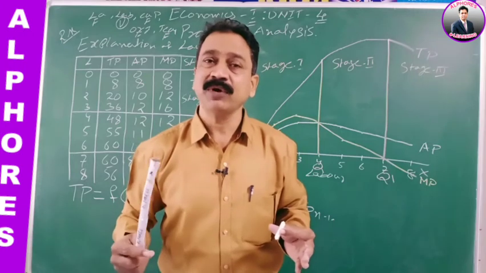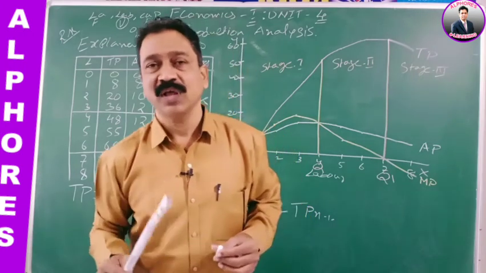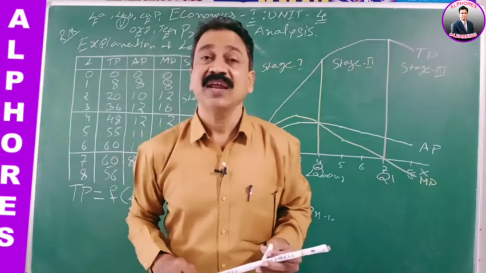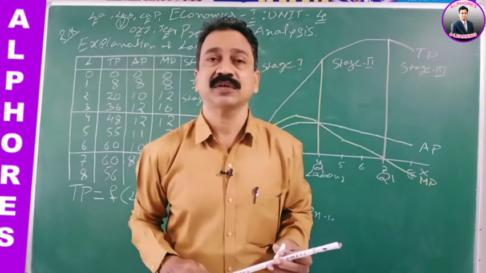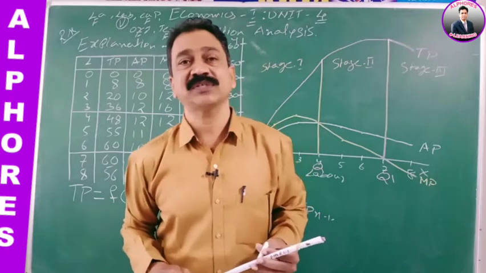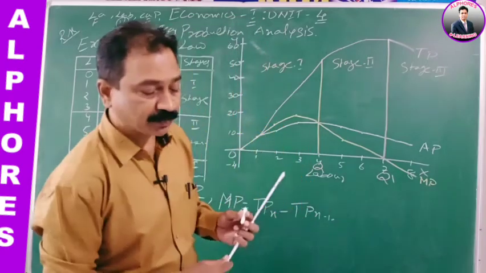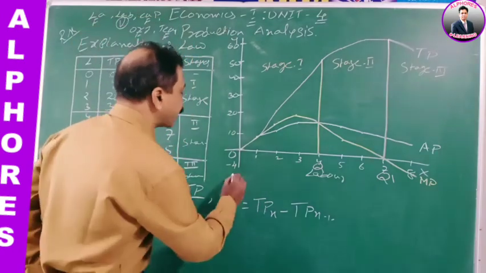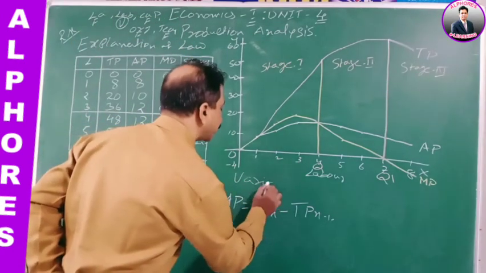By changing of labor, first output increases, then it becomes constant, then it starts decreasing. That's why it is called as diminishing returns. Variable proportions. Yesterday we had a discussion about that, variable proportions and diminishing returns.